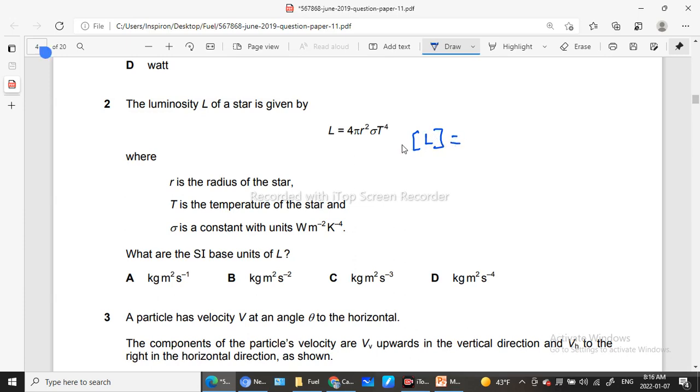The dimension of L: 4 pi is a pure number, has no unit, r squared is meter squared, and sigma is watt meter to -2, Kelvin to -4, and we multiply here by the dimension of T to 4, which is Kelvin to 4.